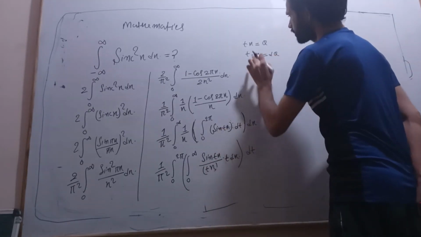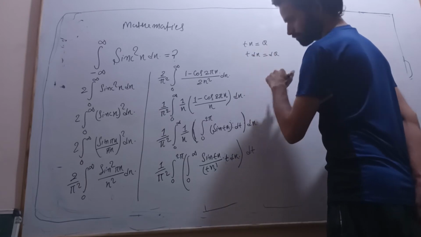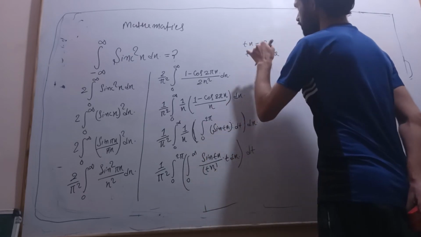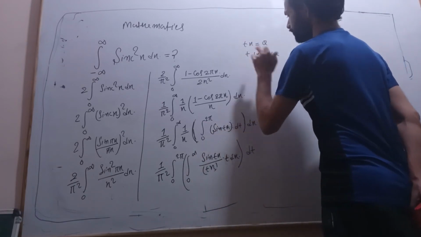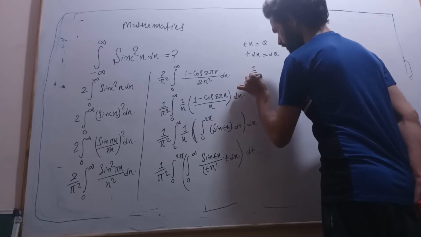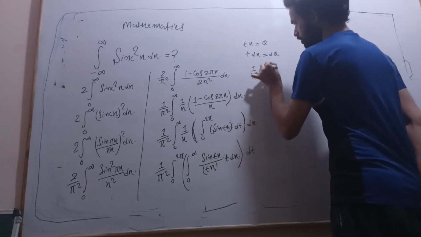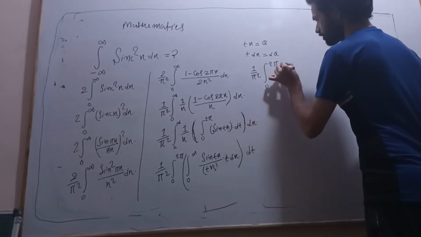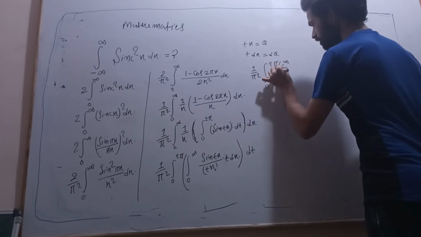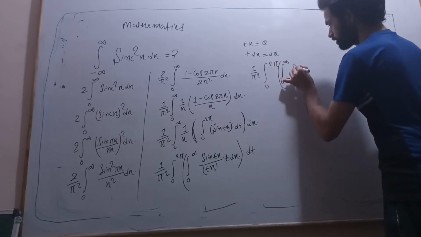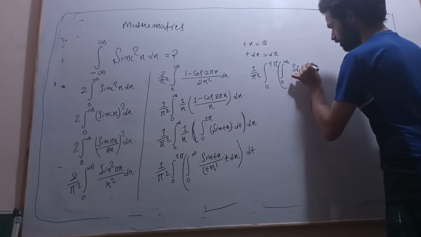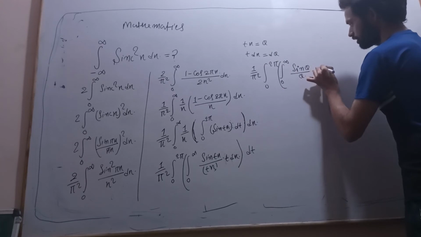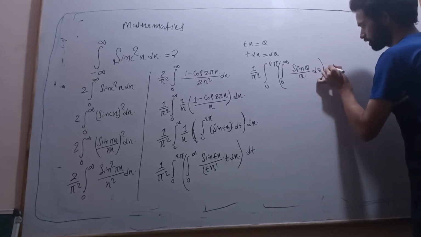For the limits, if x is equal to 0, theta is equal to 0; x is equal to infinity, theta is equal to infinity. So this is nothing but 1 by pi square into integration 0 to 2 pi, then integration 0 to infinity of sin theta divided by theta into d theta, into dt.